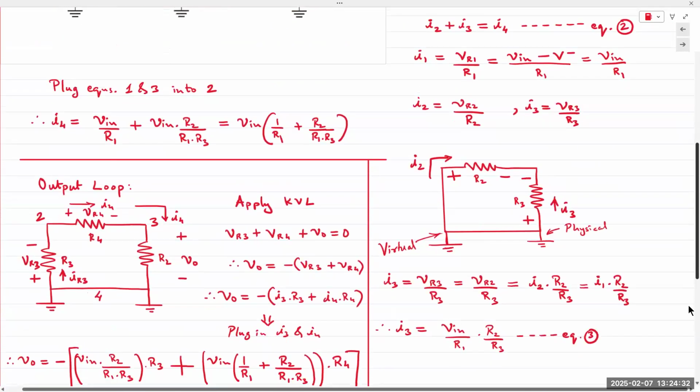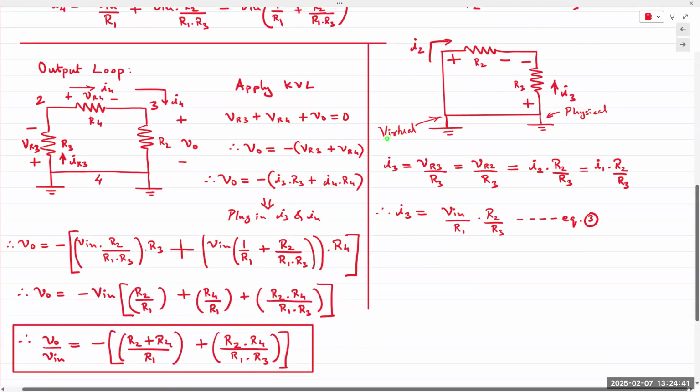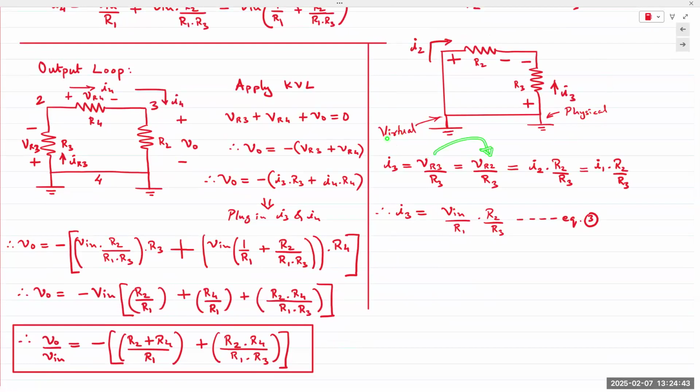So if we take this loop, I can write I3 is equal to VR3 over R3. Then I can say VR3 is the same as VR2. And I can plug in VR2 as I2 times R2. And I2 is equal to I1. So I plug in I1 in there.